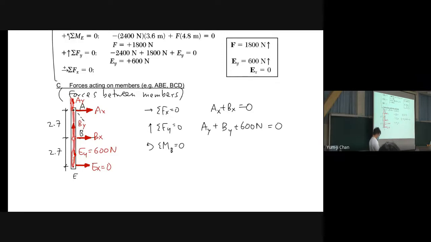So the only force with non-zero moment arm is Ax. So it is minus 2.7 meter times Ax equal to 0. So we have equations 1, 2, and 3 here.